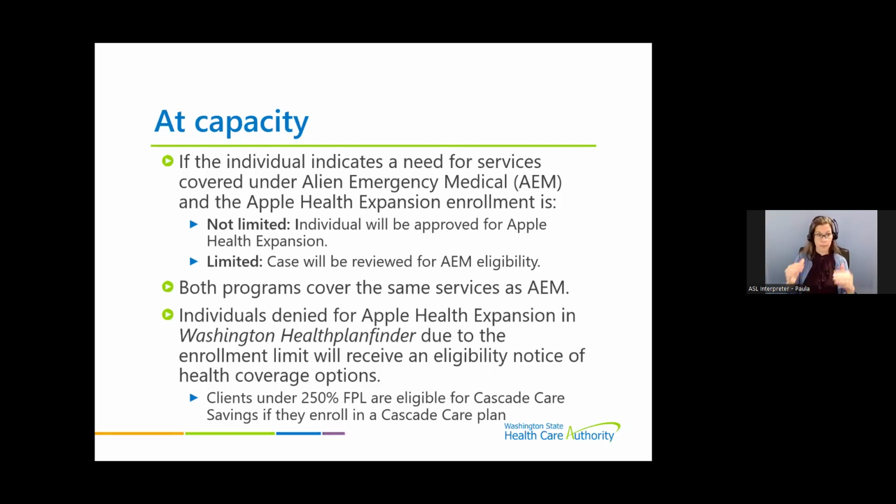Both programs cover the same services as AEM. Individuals denied for Apple Health Expansion in Washington Health Plan Finder due to the enrollment limit will receive an eligibility notice of health coverage options. As I mentioned before, clients under 250% of the FPL are eligible for Cascade Care savings if they enroll in a Cascade Care plan.